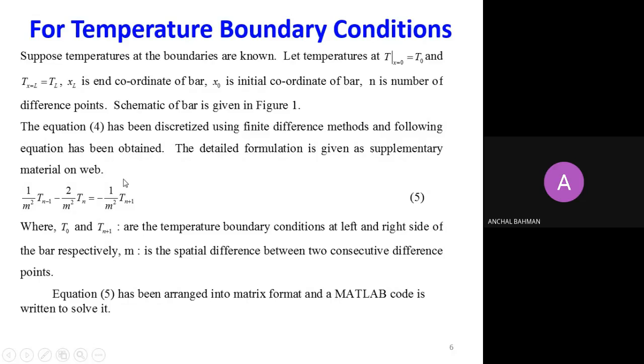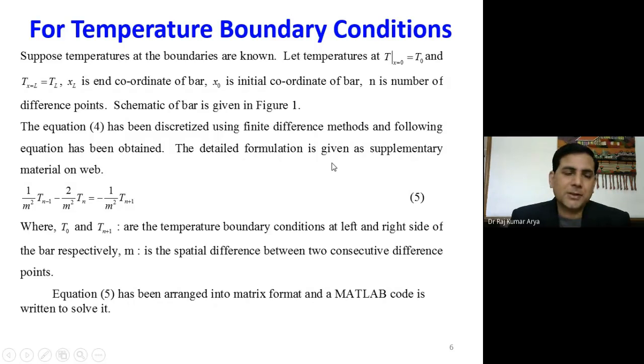Y of x plus h is equal to y of x plus h y dash x by 1 factorial plus h squared y double dash x by 2 factorial and so on. And it will continue like that, correct?